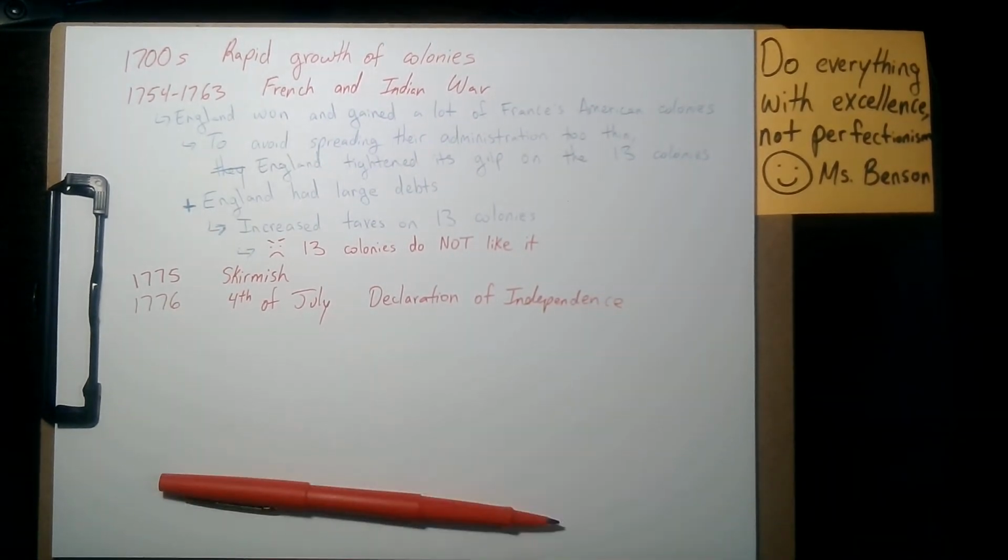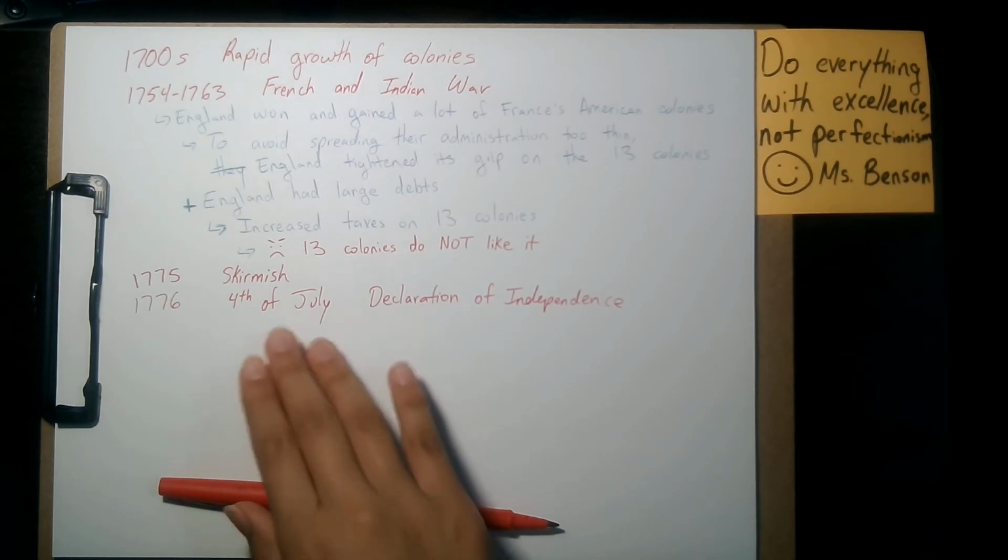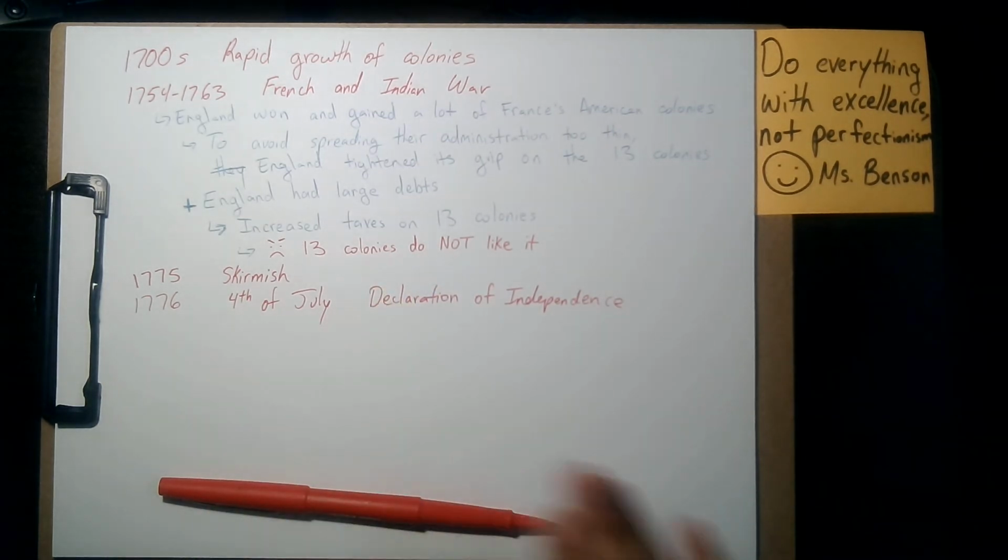Now, we do call 1776 the birth of a nation, the birth of the United States, but we weren't technically free from England until much later. There were different people who got together and said, you know what? We're tired of this.